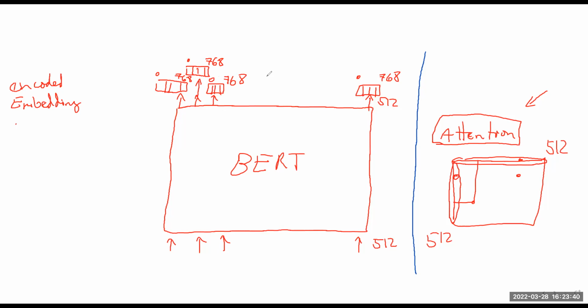So if you think about this in terms of a tensor, this would be batch size, which is the number of samples that you give it all at once, which are treated independently, tokens, which is 512 in our case, and 768.